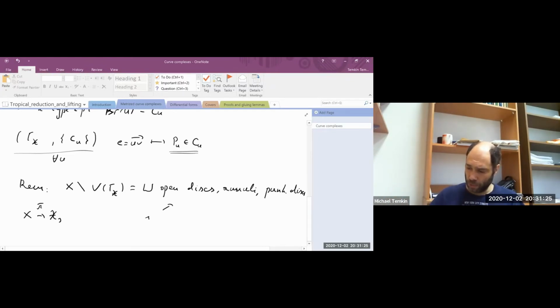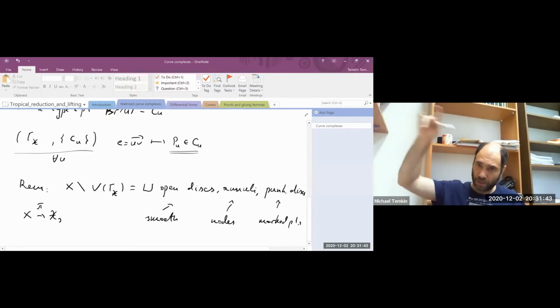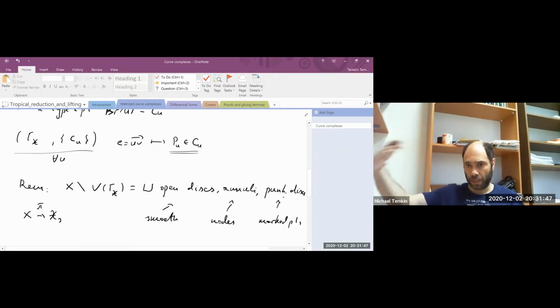There are three types: smooth points, where pre-images are disks; nodes, where pre-images are annuli; and punctured disks, where pre-images of marked points are disks with the removed closed point on the analytic curve. Yeah, so that's the reason why we get punctured disks.